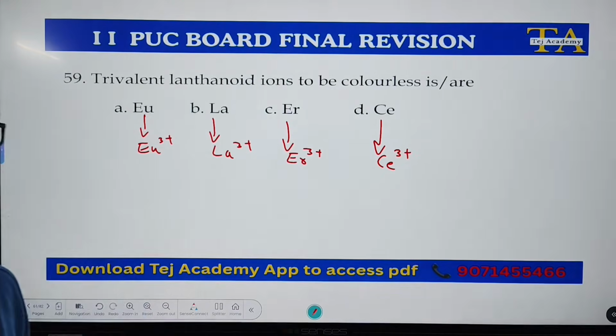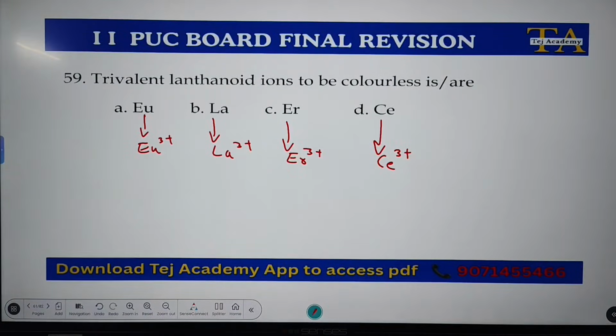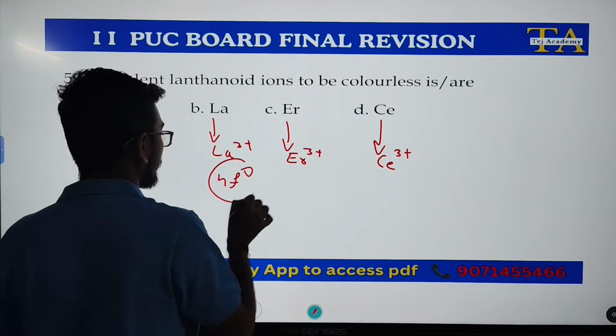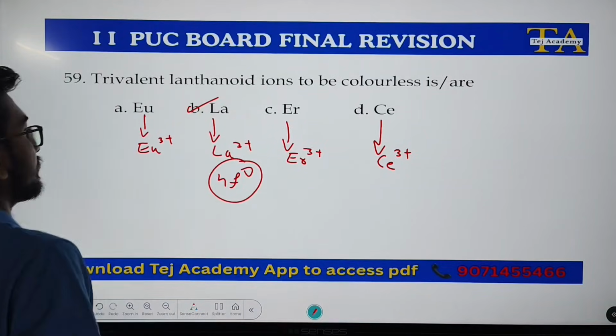Among these four, which lanthanide ion will be colorless? Colorless means it should have 0 unpaired electrons. So La3+ has 4f0. So this option will be the right answer.